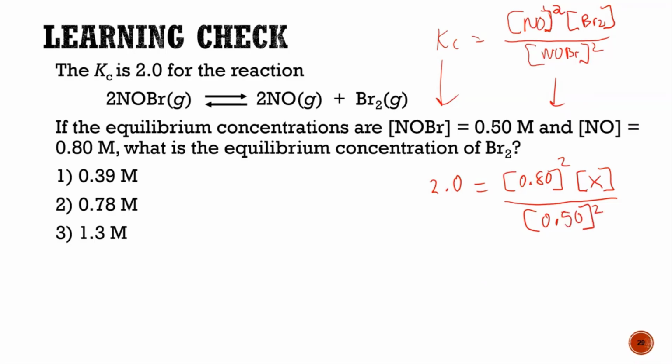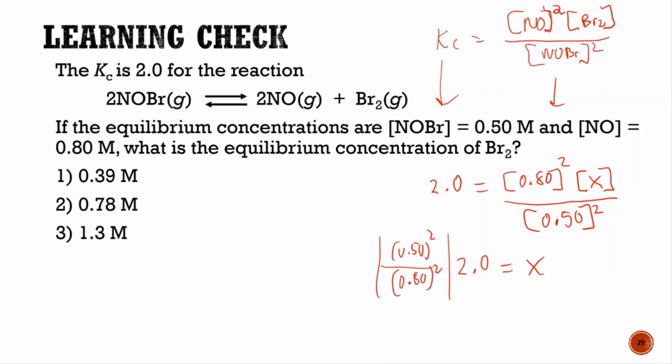Does everybody see what I'm doing? Yes. And then you can just solve for X. So how would you do that? X would just be 2.0 times, and what I'll do is multiply this by 0.50 squared, right, to get rid of that denominator, and 0.80 squared, and that should give me my answer.